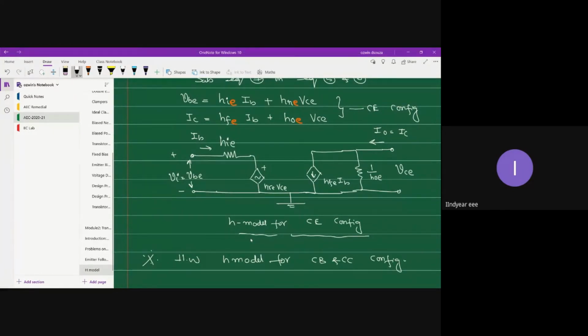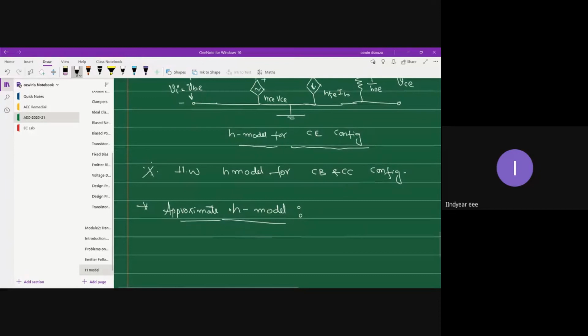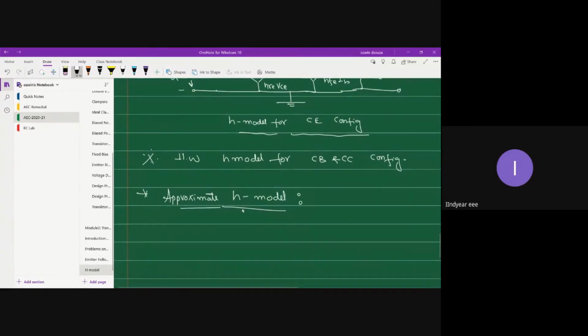Difficult to analyze in the sense it takes a lot of time to solve the input impedance, output impedance, the voltage gain, current gain, etc. That's the reason we go for the approximation. Now the approximation is on the basis of physical observation.